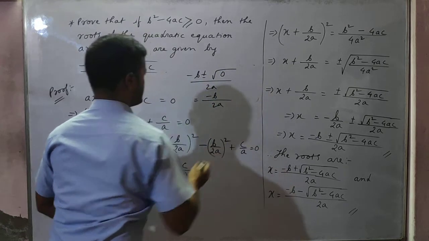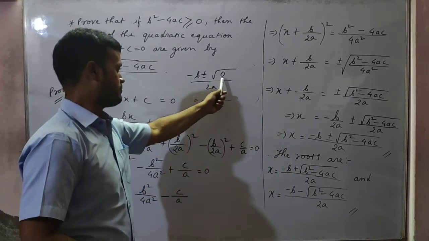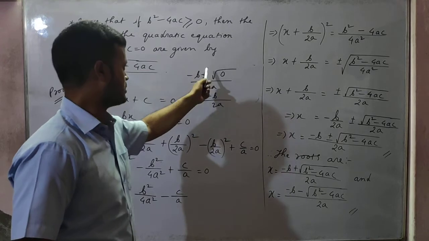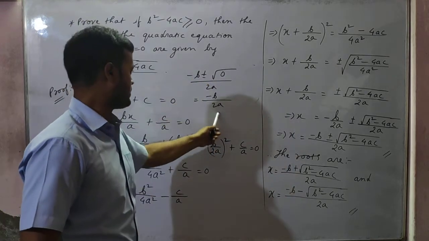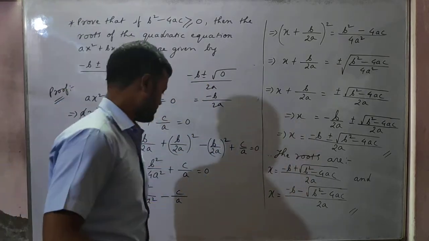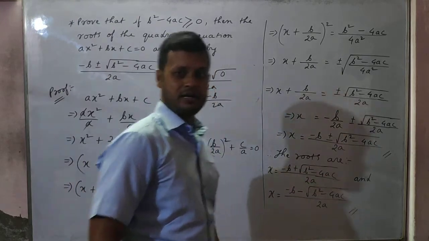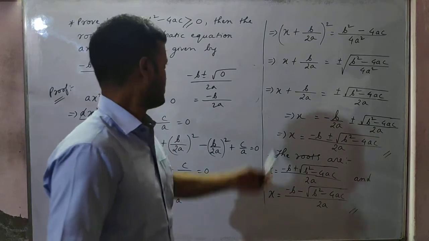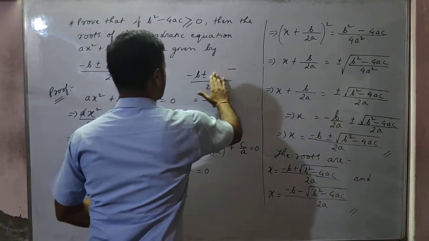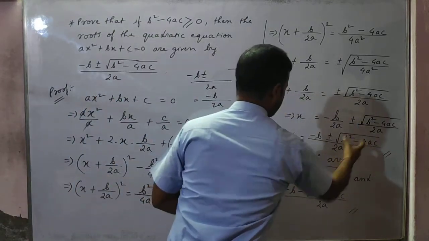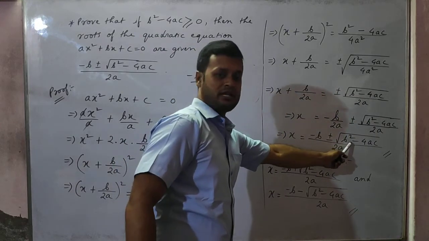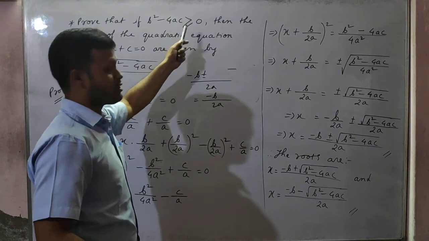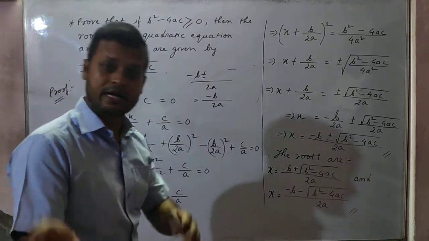Root over 0 means 0 only, so minus b by twice a, still you will get the root. And if b square minus 4ac is positive, like 4, or 9, or root over 11, then also we will get the root. So greater than or equal to 0 is okay.